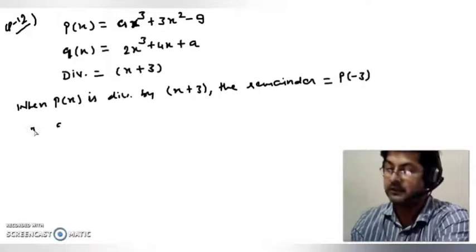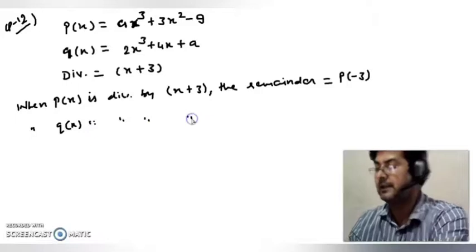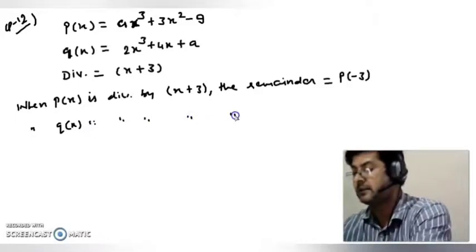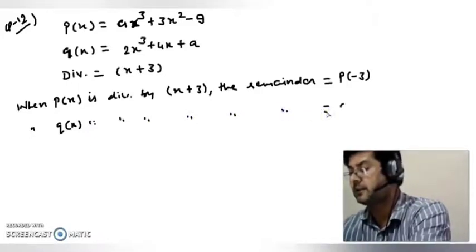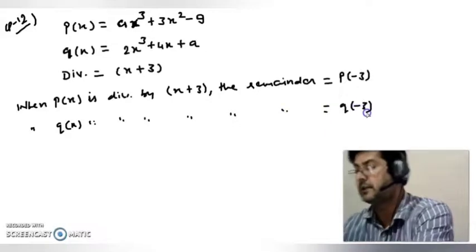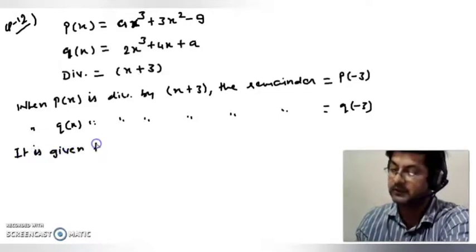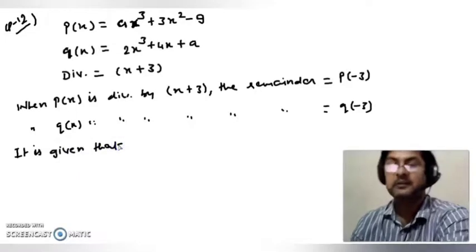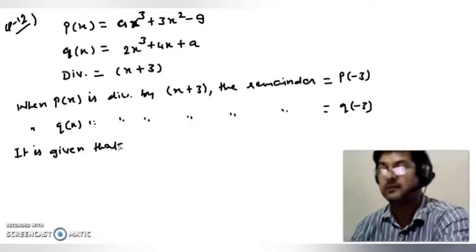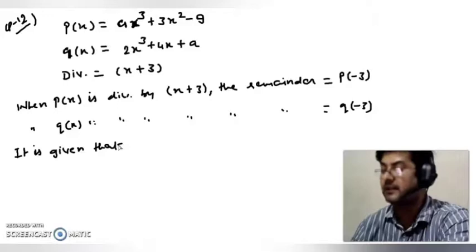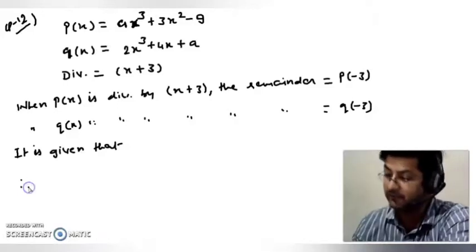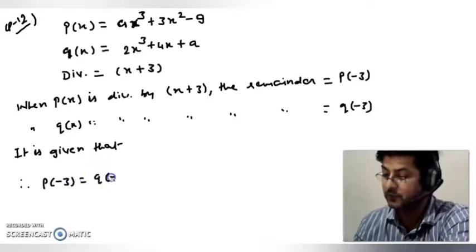Similarly, when q of x is divided by x plus 3, the remainder will be q of minus 3, and it is given that the same remainder is left when both the polynomials are divided by x plus 3. That means p of minus 3 is equal to q of minus 3.